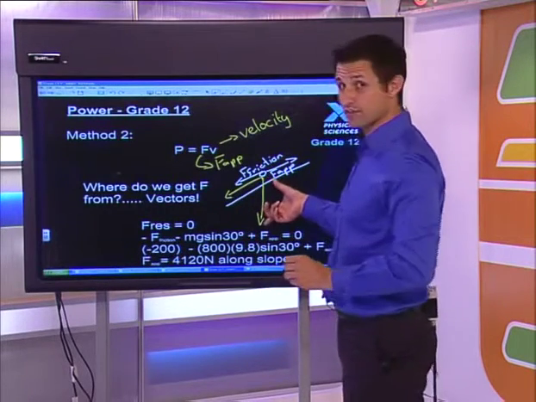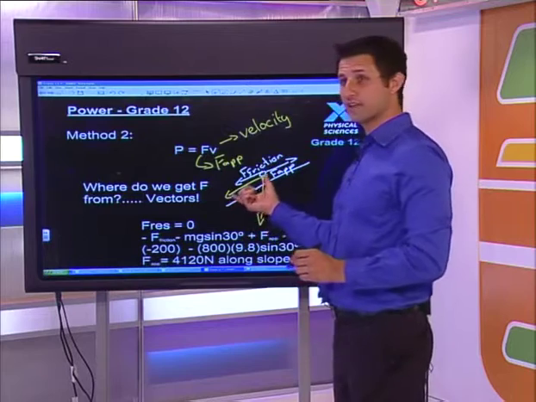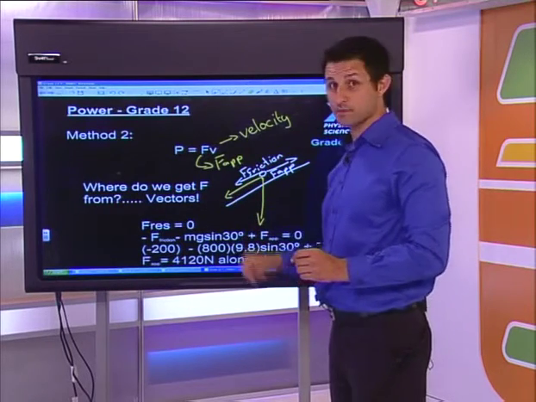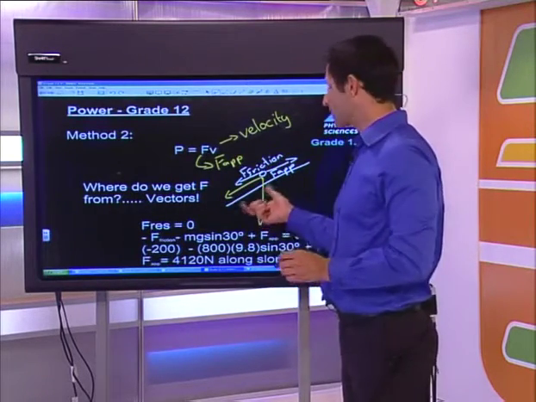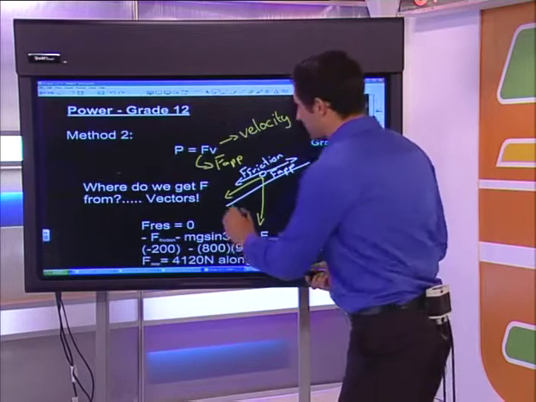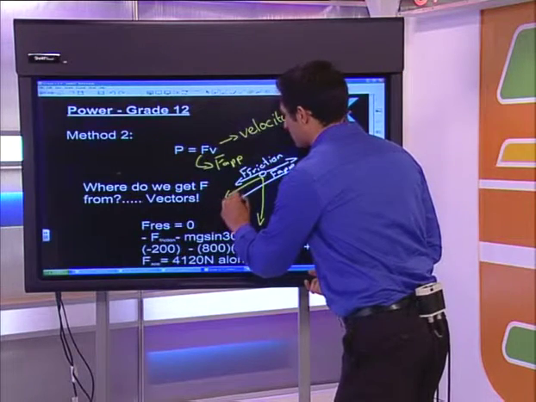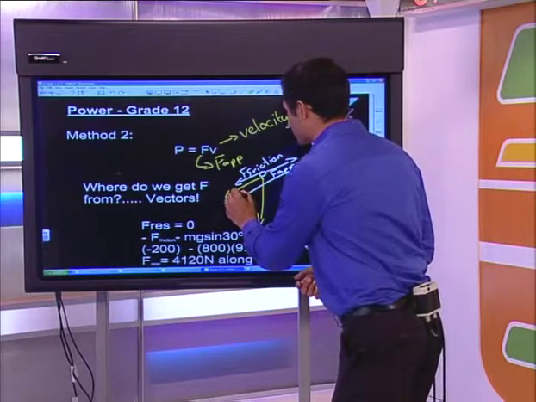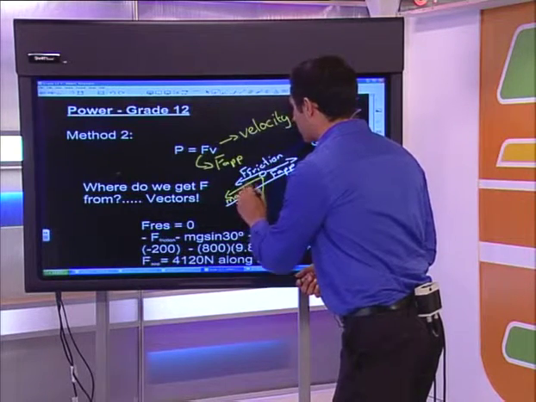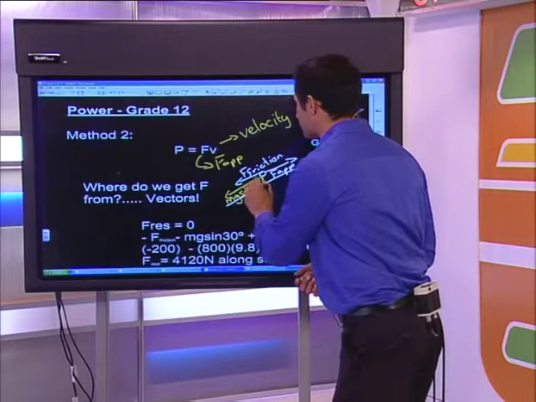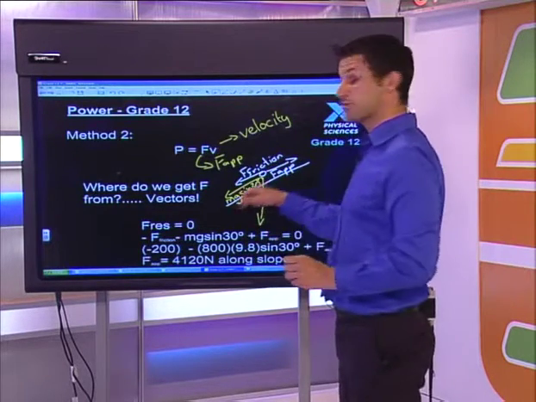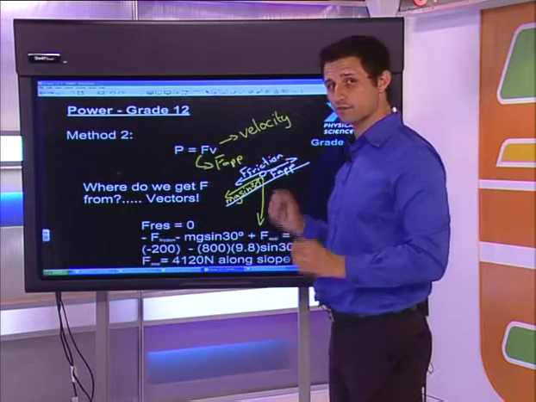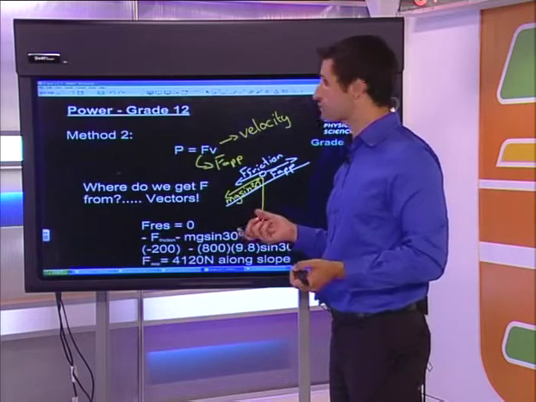If I've got force of gravity which is acting downwards, I've got to find out how much is acting in the same direction as force of friction. And one of the shortcuts that you'll learn is that I take the mass multiplied by gravitational acceleration multiplied by sine of the slope angle, which was 30 in this case. That is the force of gravity, or at least the part of gravity which I'm particularly interested in.